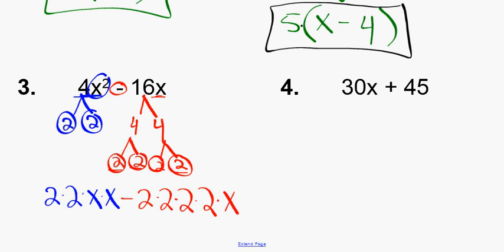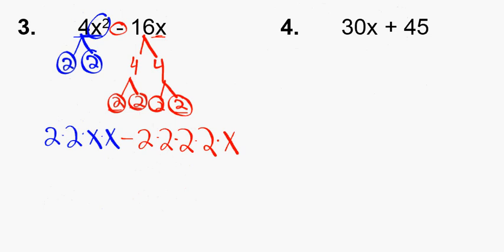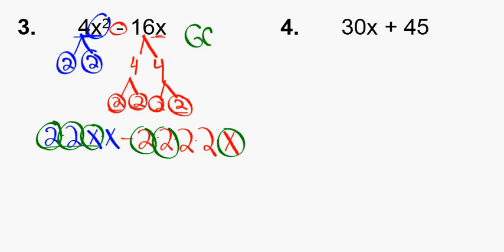of that term. So let's identify what the greatest common factor is. I see they have a 2 in common, another 2 in common, and an x in common. So 2 times 2 times x is actually 4x. The GCF is equal to 4x.